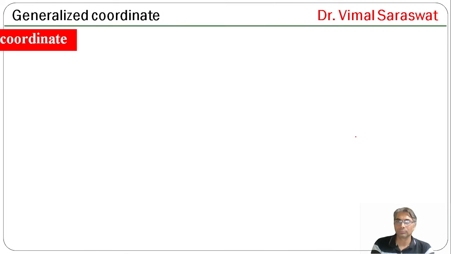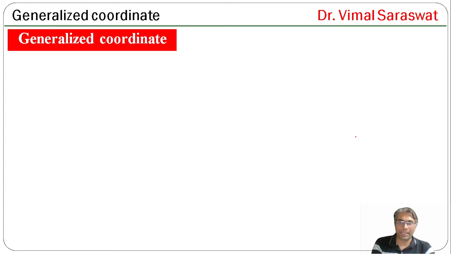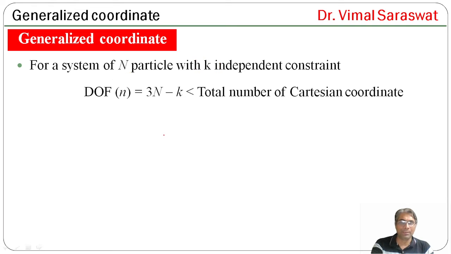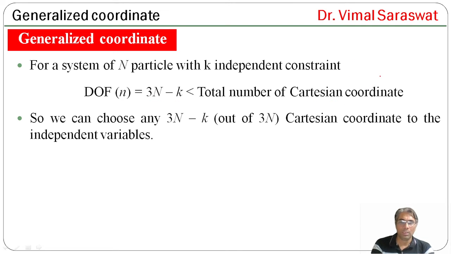Now, generalized coordinate. For a system of n particles with k independent constraints, the degree of freedom is 3n minus k, and this is always less than the total number of Cartesian coordinates, because for a system of n particles the Cartesian coordinates are 3n.